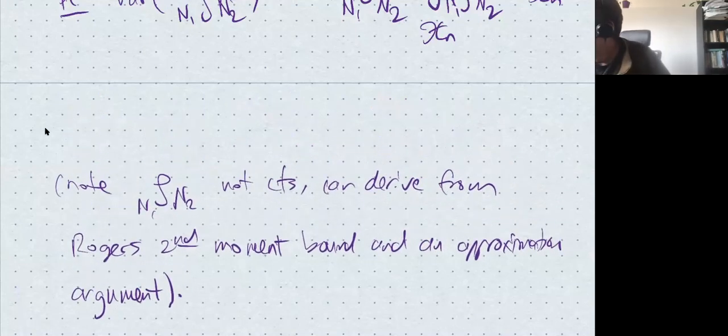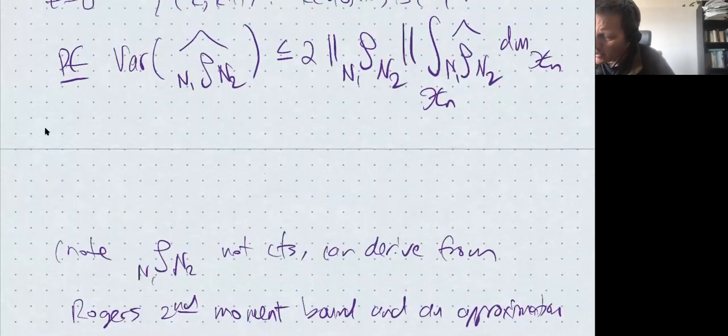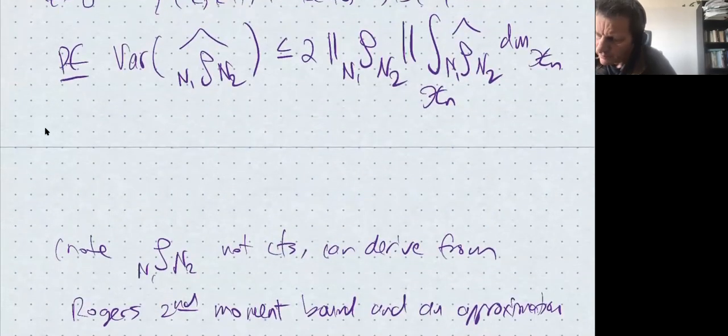And so this quantity that you're seeing here is equal to the following. The sup norm of this indicator function is 1. And so this is 2 times the integral. The integral of this guy is the measure of this annulus.